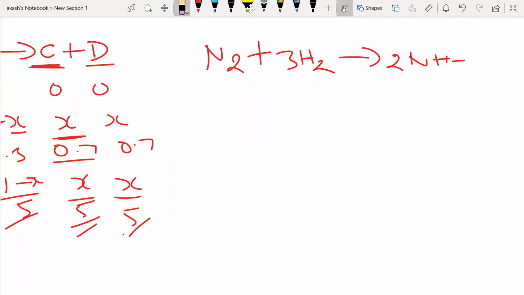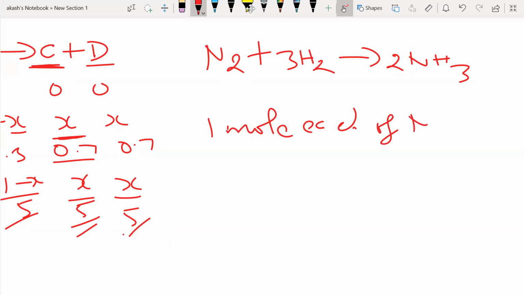Say initially I have taken 1 mole each of N2 and H2.